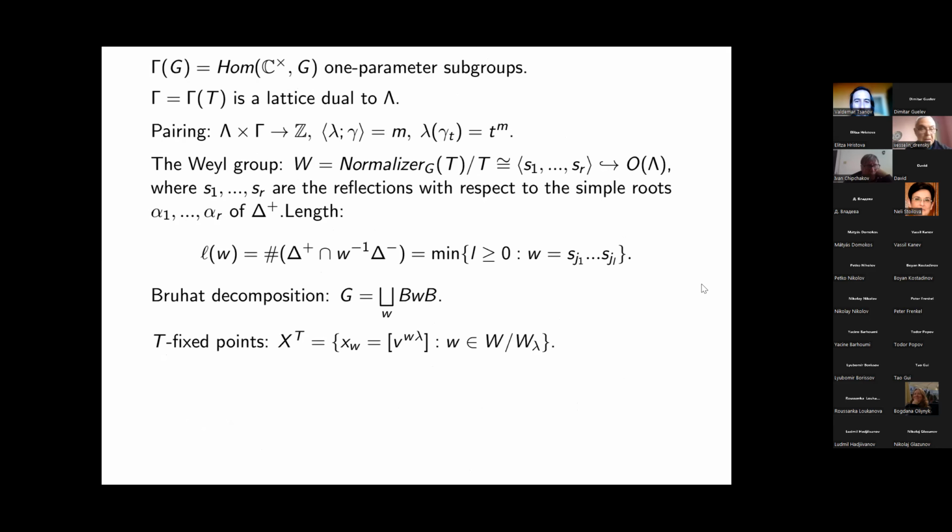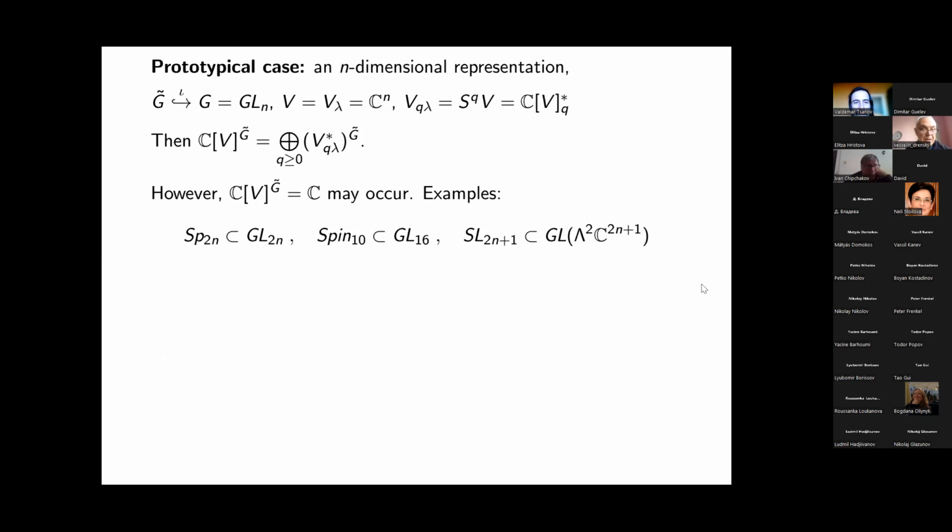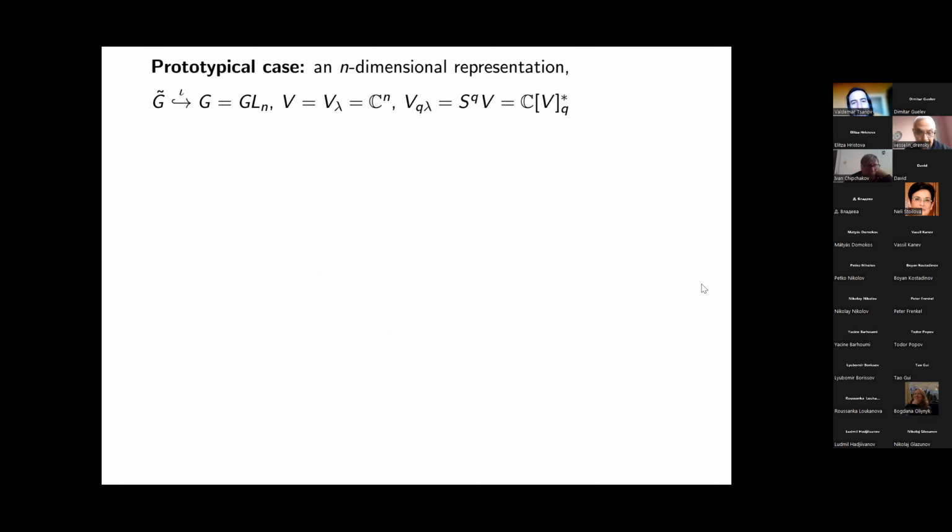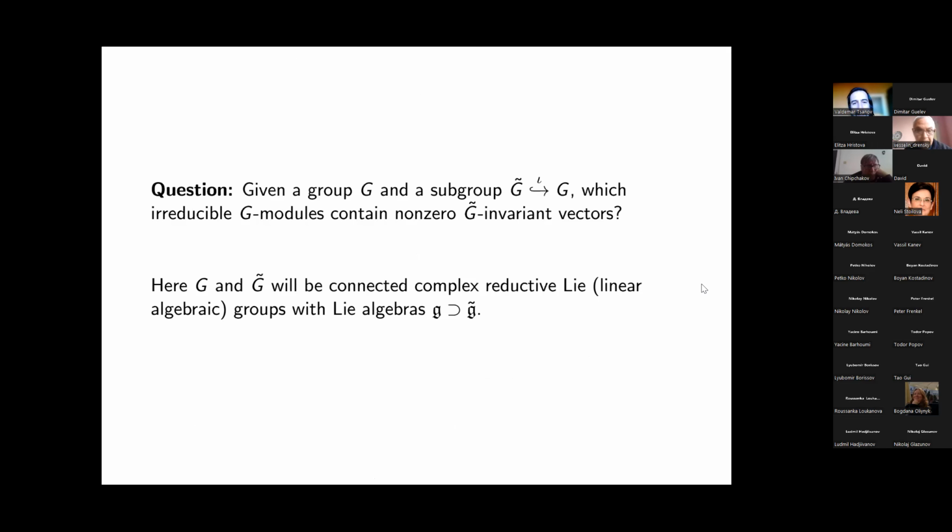Right. So this is the first slide. So the G tilde is just, it doesn't have a meaning in relation to G. It's just I am using 2 groups from square 1. I have 2 groups. I will say what is reductive, but whatever reductive connected group is, the point is that they are of the same type.